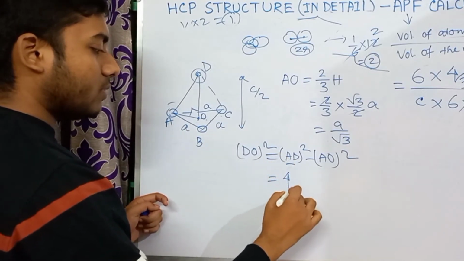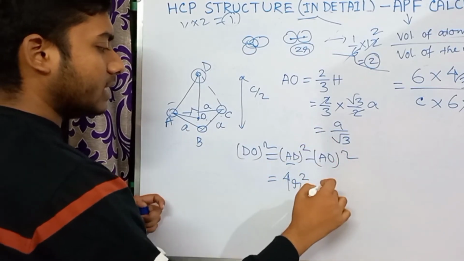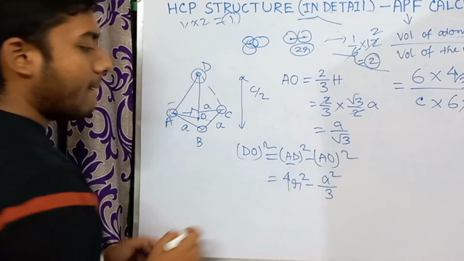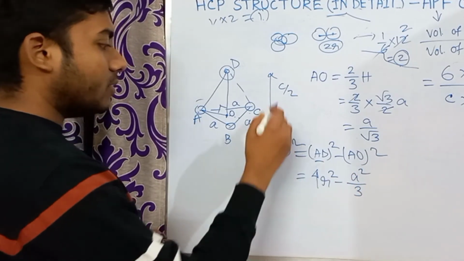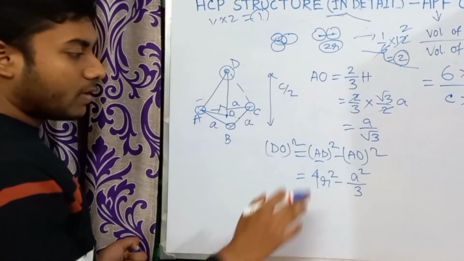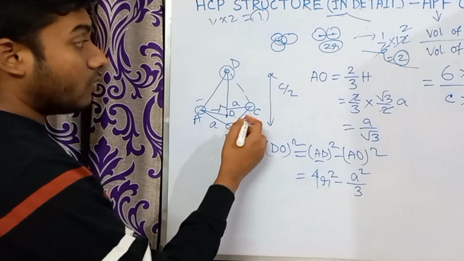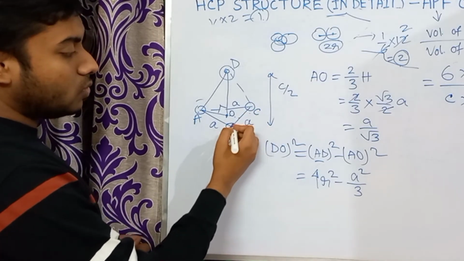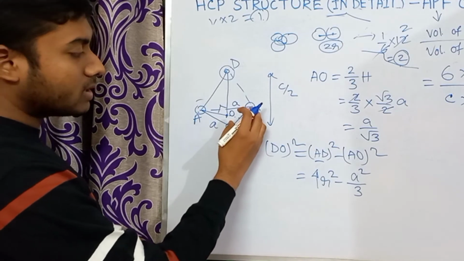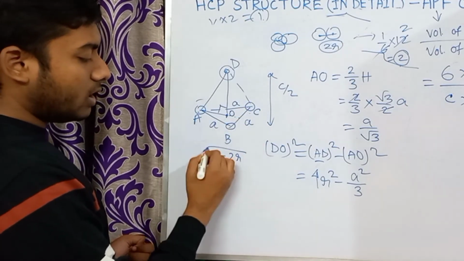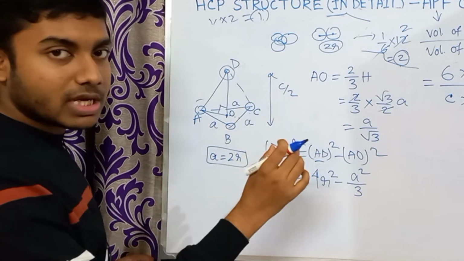So 4r square minus AO square, that means a square divided by 3. Here a is the lattice parameter, and from these 2 atoms, the distance a will similarly be 2r, as these 2 atoms are also touching each other.